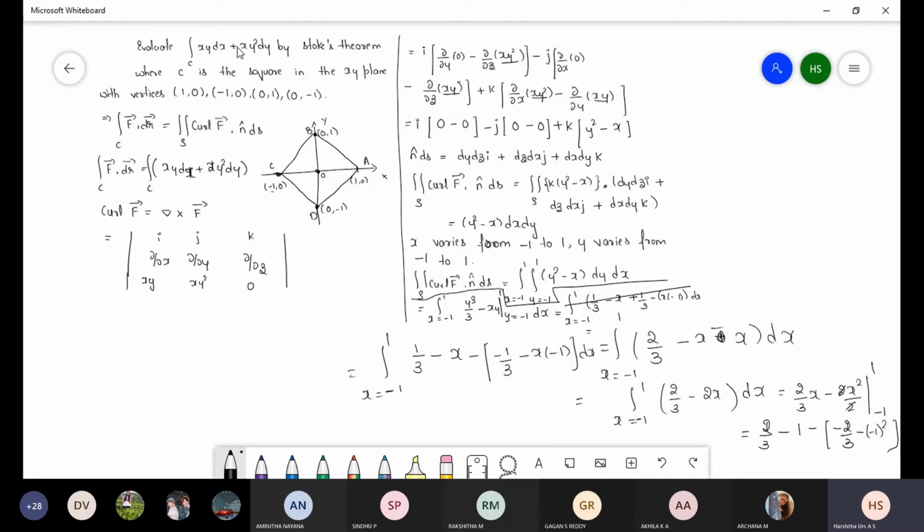So we get 2 by 3 plus 2 by 3 is 4 by 3, minus 1 whole square is plus 1, plus into minus minus, minus into minus plus. So plus 1 minus 1, we get 0. So answer is 4 by 3.